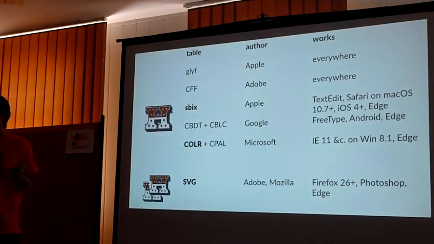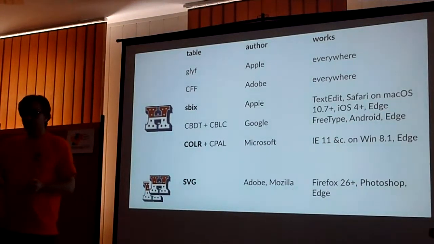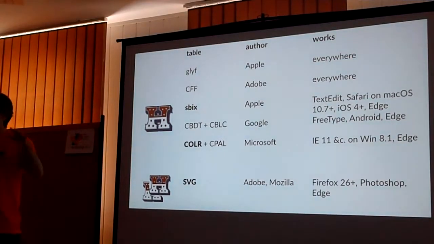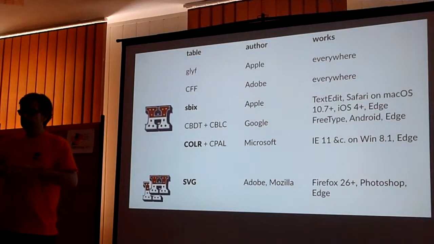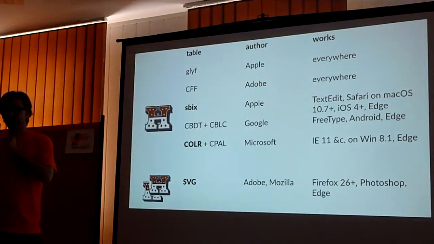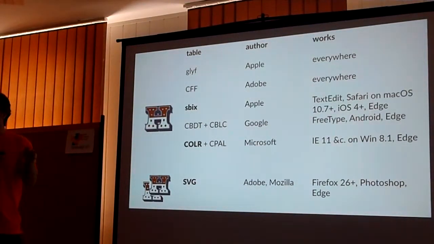But then the question was, well, they're supposed to be colorful, so how do we put them into fonts? All these operating system vendors needed this more or less at the same time. And in that case, they started proposing their own formats.